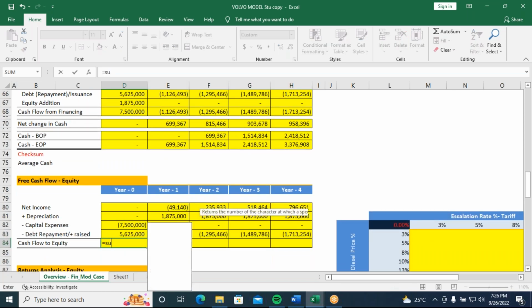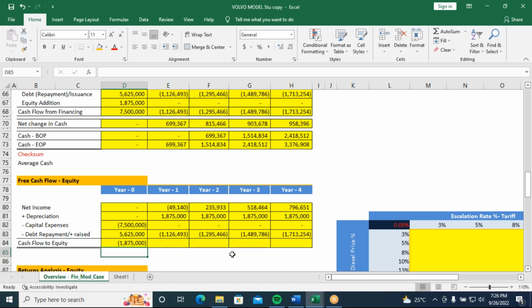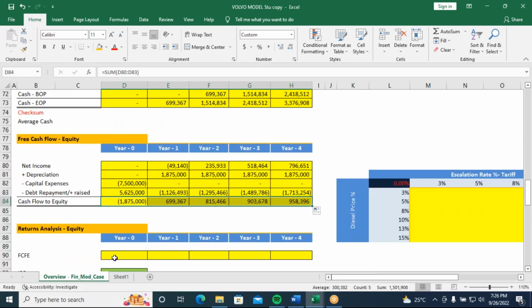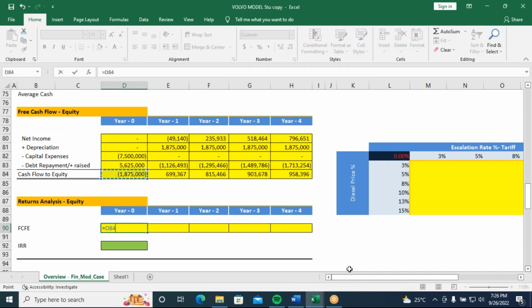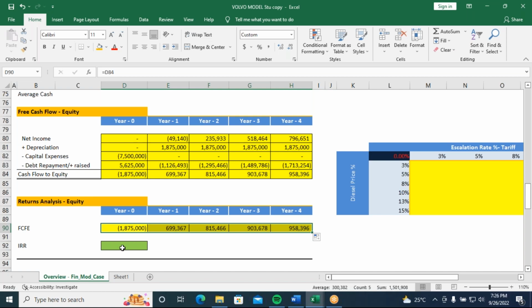So now is equal to sum of, open the parenthesis, select the range. So this is my cash flow to equity. I'll select and drag. Now I have to calculate the IRR for this one. That is free cash flow equity, I'll select this value and drag.